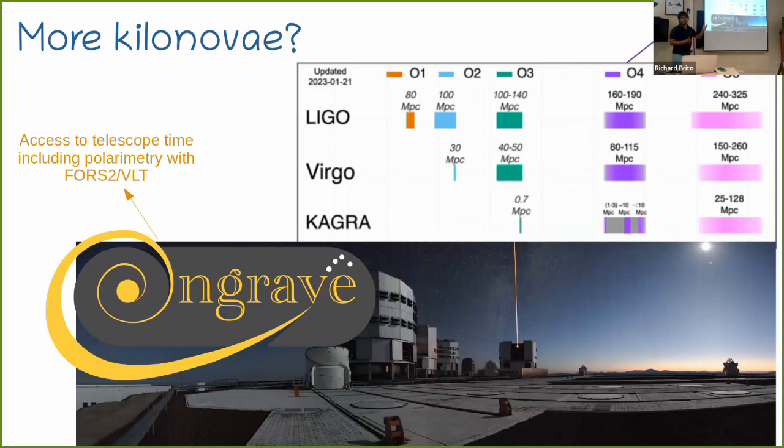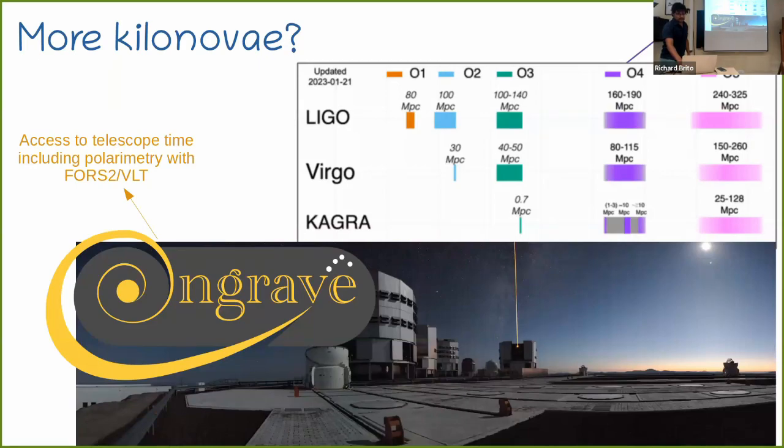Even with the GRB counterpart, the probability region of where it's located is also very large. So it's very hard, but it's doable, as one example showed. And the good thing is that we have access to a lot of data, especially also FORS2 polarimetric data. And so we can trigger them as soon as we have good candidates.